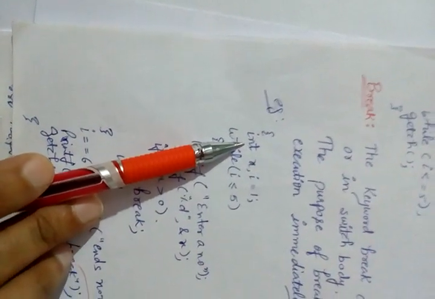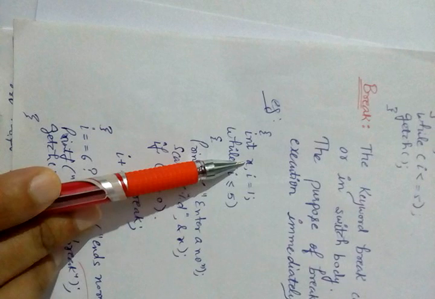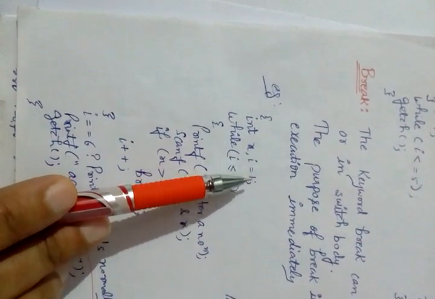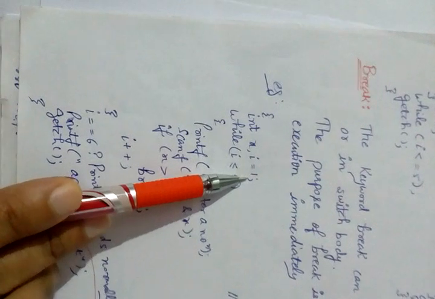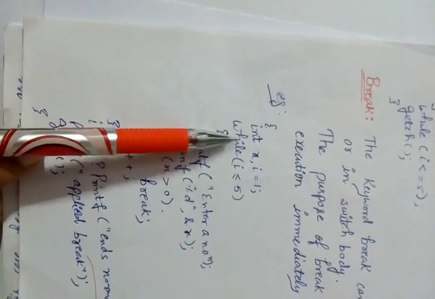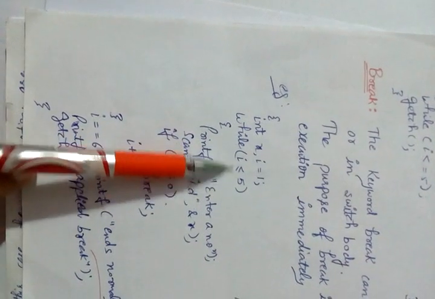Just take an example. I have taken x variable in int data type and I initialized it as equal to 1. So I have written the while loop, where I have given some condition.